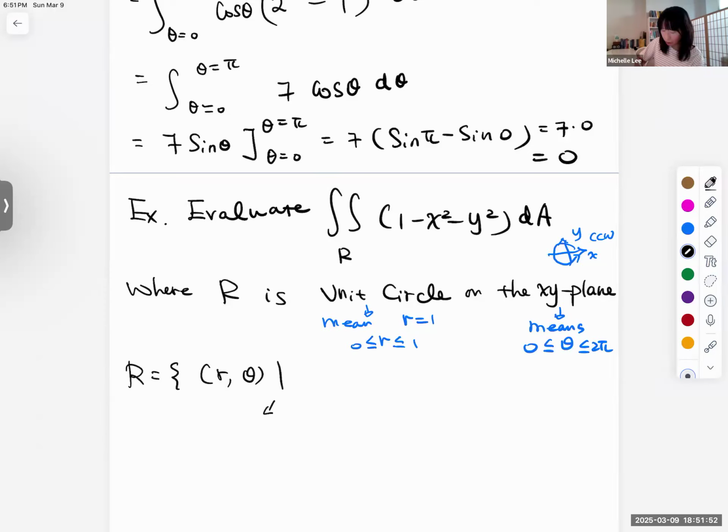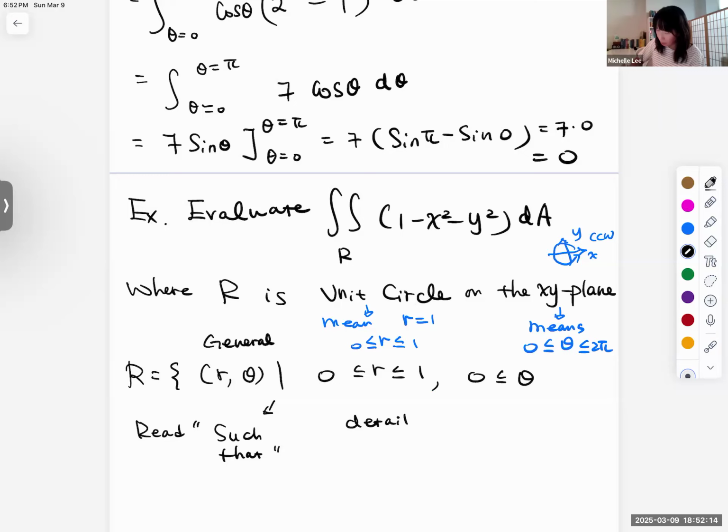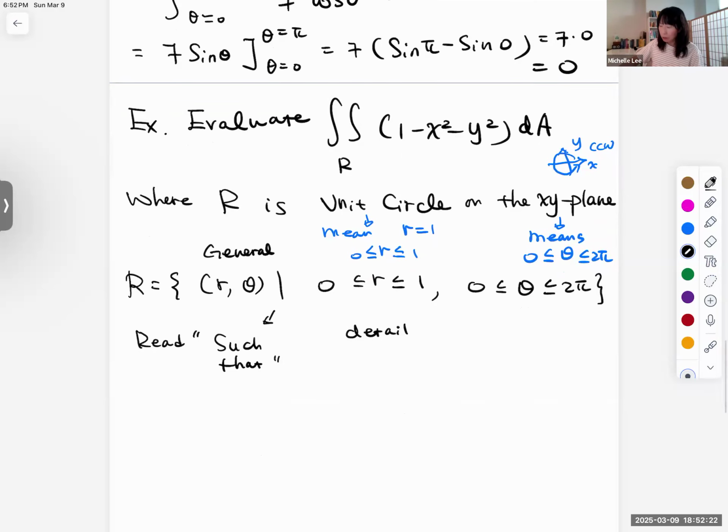Such that, and then after that, detail, right? So this is a general, and this is a detail. Okay, so r is between 0 and 1, and theta must be between 0 and 2 pi, right? Okay, now we have a function.